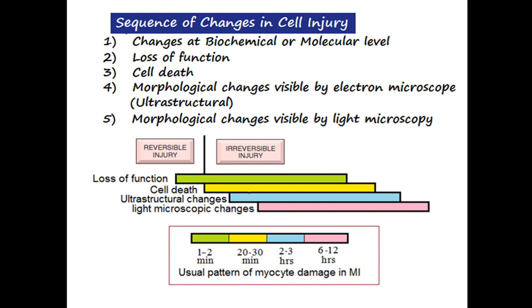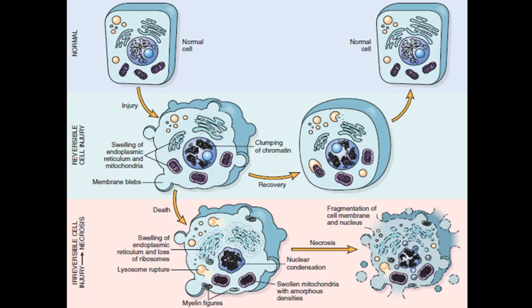So, for the study of the changes associated with cell injury, we use the electron microscope, which can detect changes in the cell before we can see changes through the light microscope.